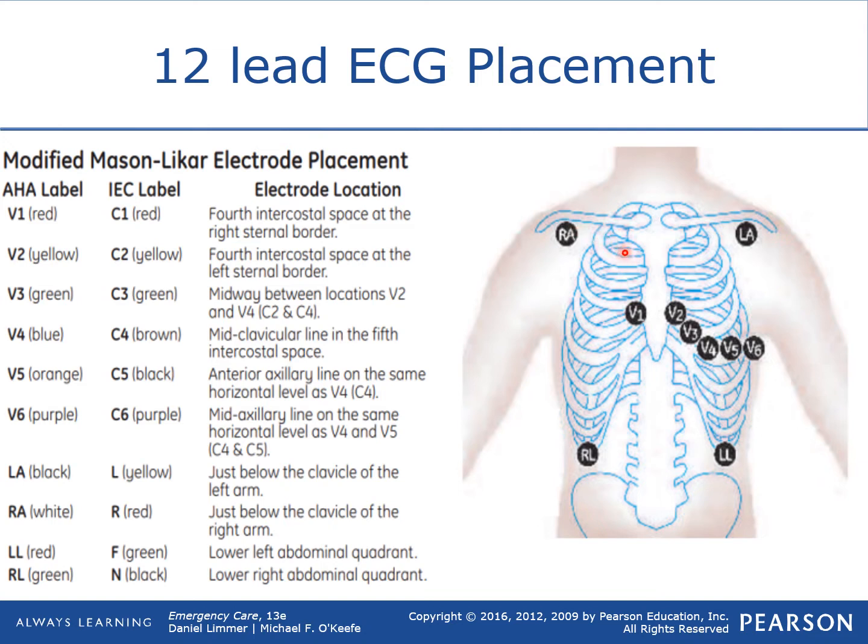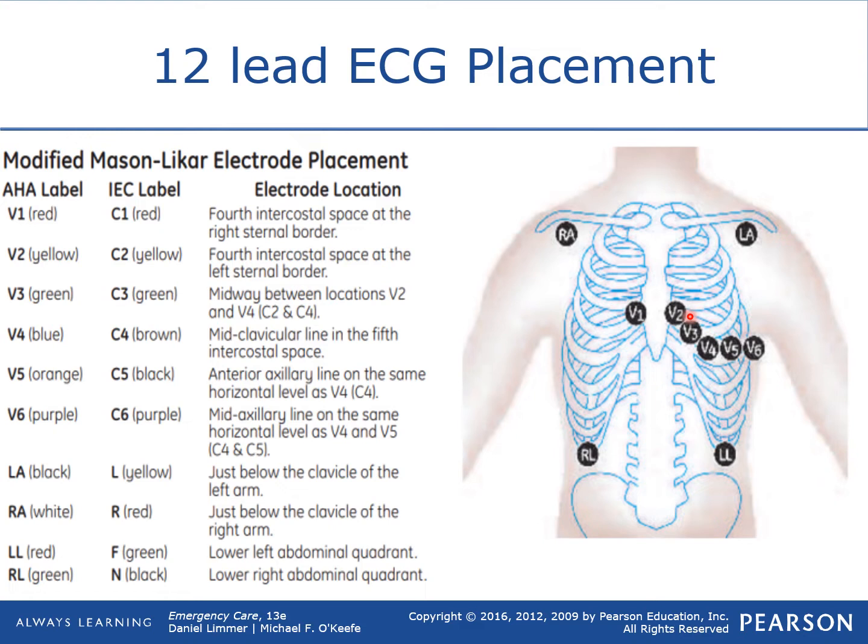So we have first intercostal space, second, third, and then fourth, and then we go to the right sternal border. So V1 goes right there. V2, fourth intercostal space at the left sternal border. So exact same spot, because intercostal spaces are the same spots. So 1, 2, 3, 4, just on the left side of the sternal border.